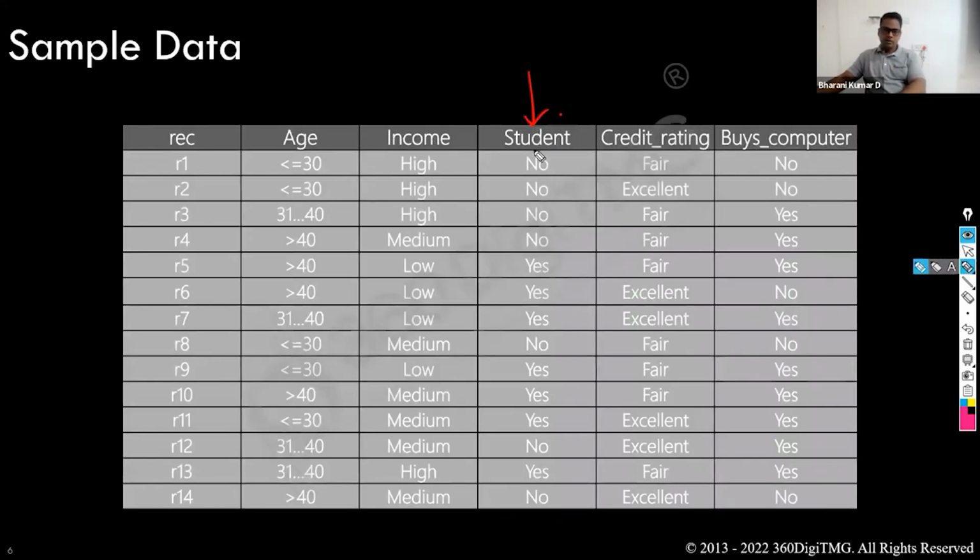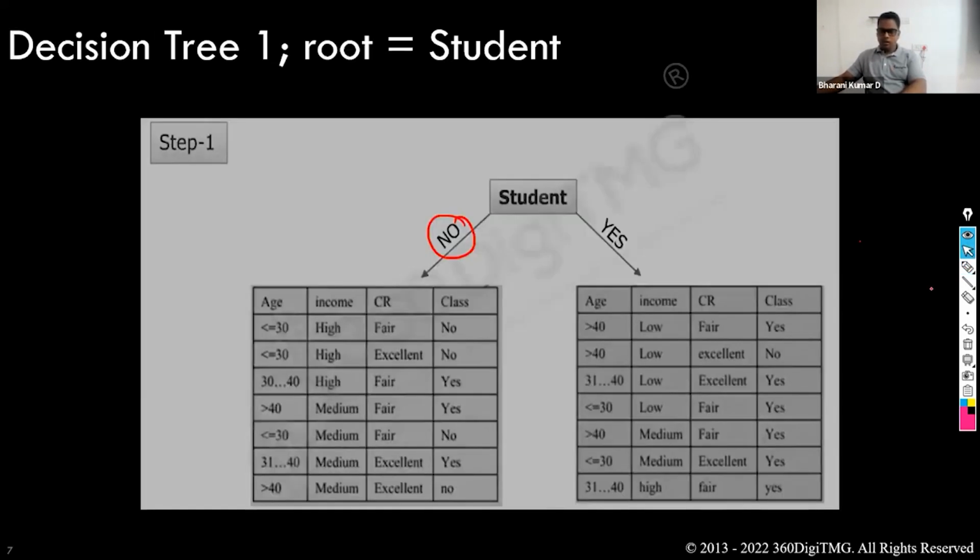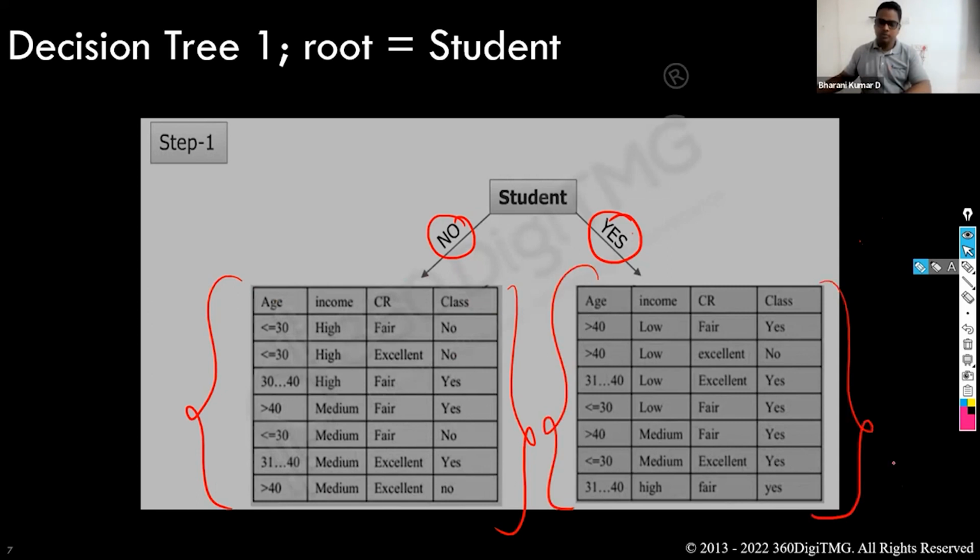Then we also have student as yes, and you have all the values pertaining to that. Okay, again, you are going to split this further.